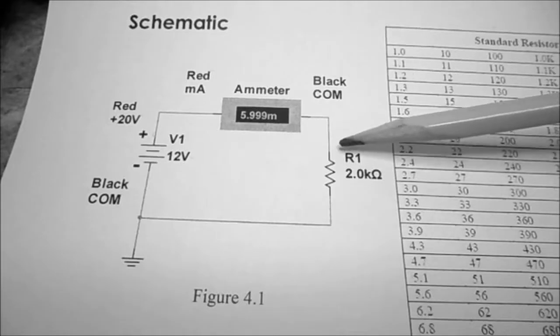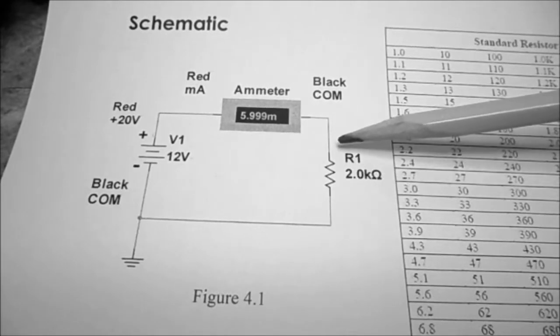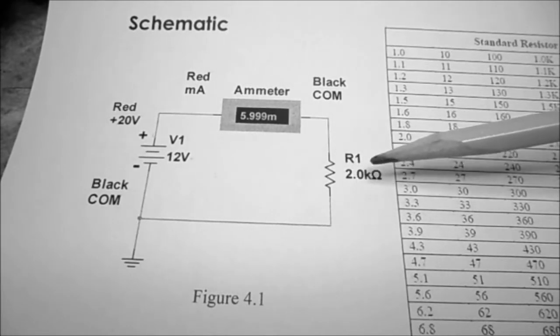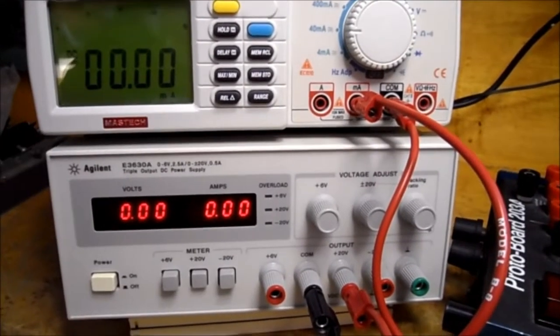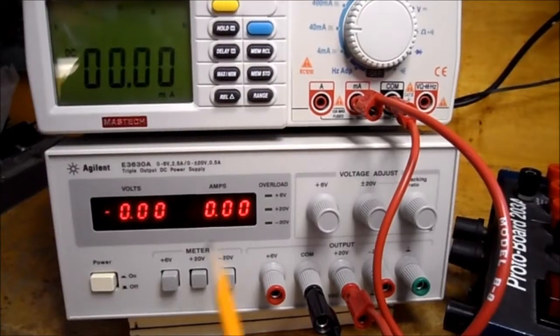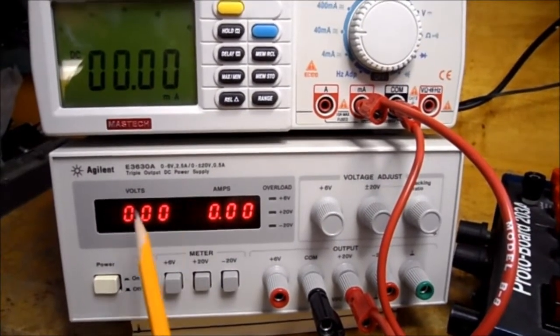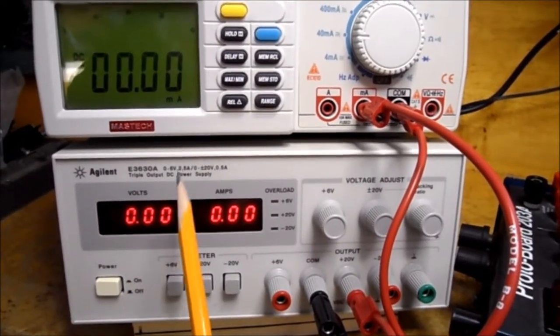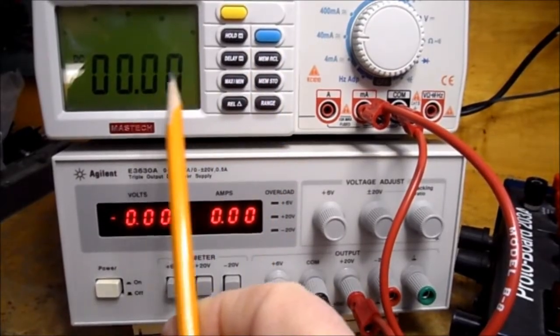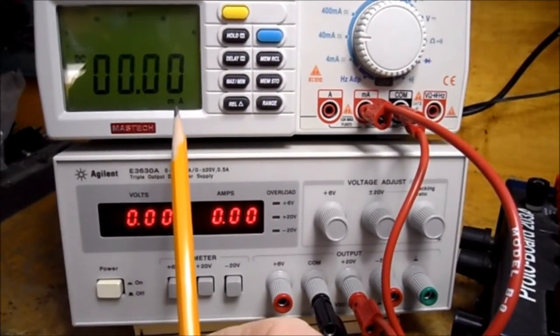And this is the first resistor we're going to be using, a 2K ohm resistor in the first case. So I just wanted to show you that this is my power supply, and I am putting 0 volts in, and this is my ammeter, and I am getting 0 milliamps out of it.